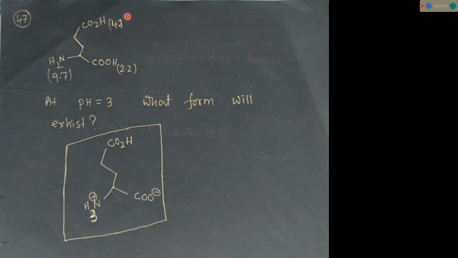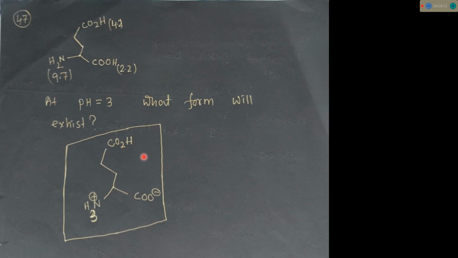That is why there will be no deprotonation of this CO2H group. Since the pK value of NH2 is 9.7 and pH 3 is very low, this NH2 will also be in protonated form. So at pH 3, this COOH will be deprotonated, this NH2 will be protonated, meaning NH3 plus and COO minus, and this CO2H group will remain as such.